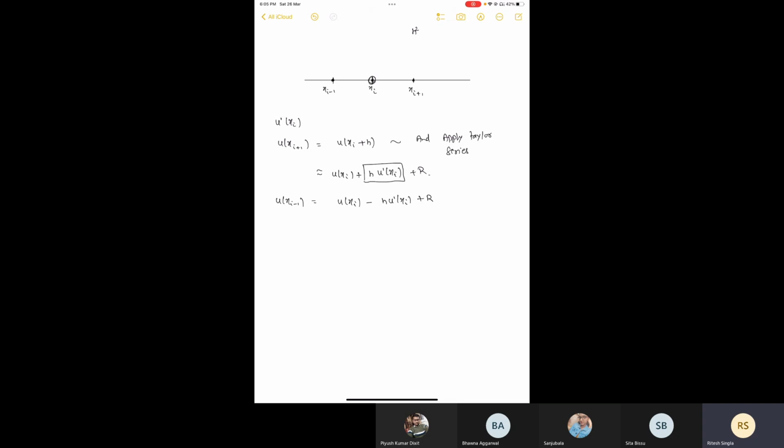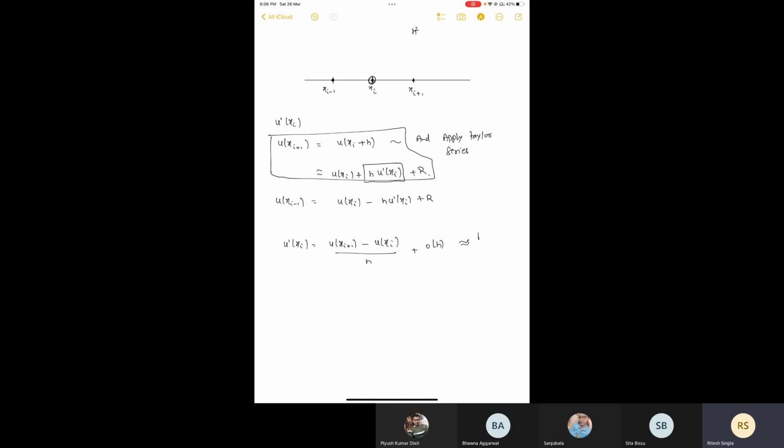So if I write from here, u prime of xi is equal to u of xi plus 1 minus u of xi upon h plus order of h.